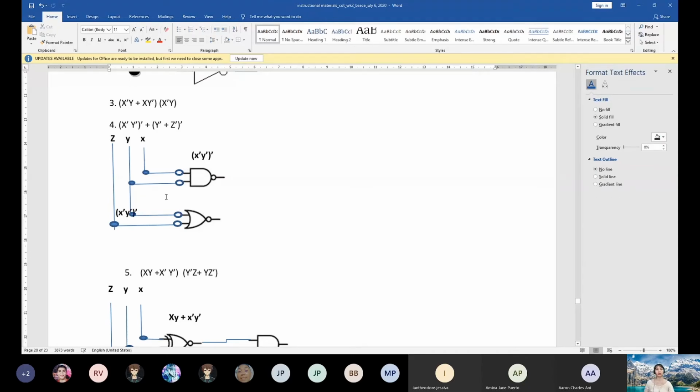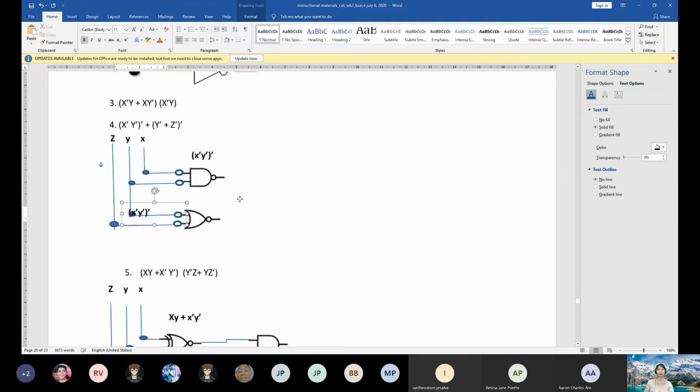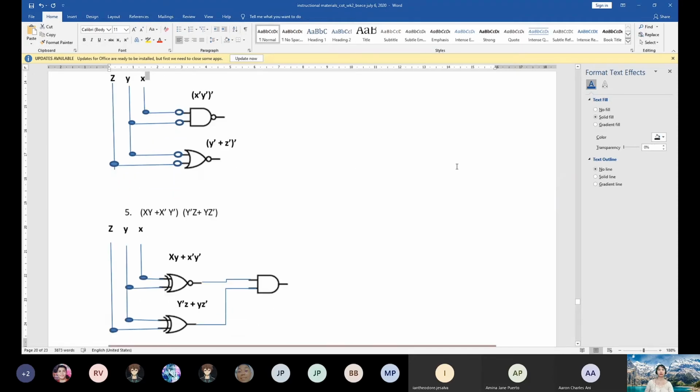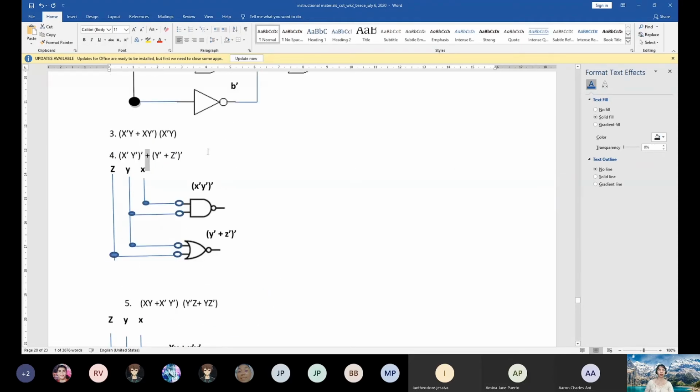Whereas this one is Y prime plus Z prime. To connect these two terms, what do we need?